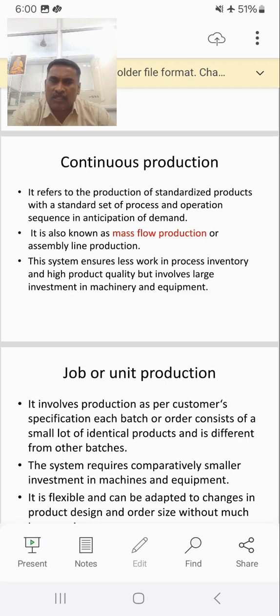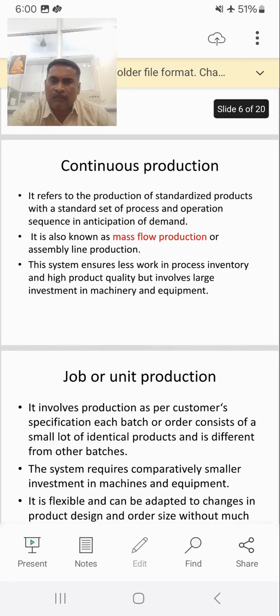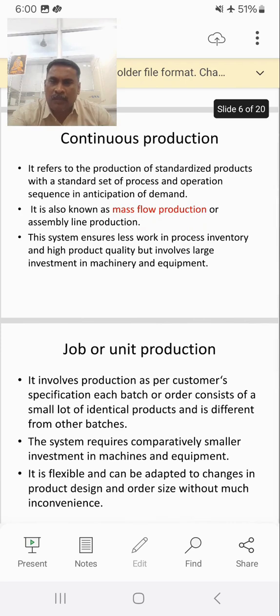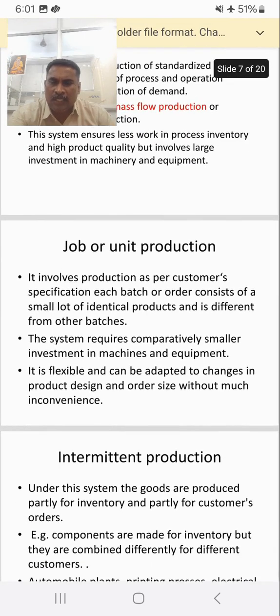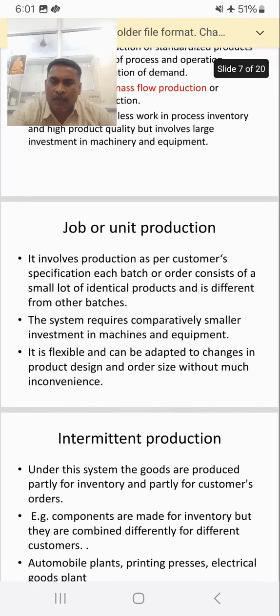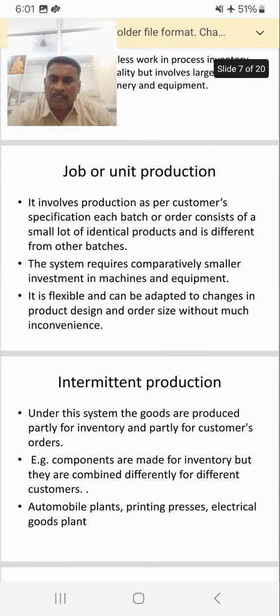Likewise, bolts and nuts, which are always necessary, are manufactured in mass flow production or assembly line production, where the assemblies and layouts will not be changed. Compared with job production, continuous production is very easy for the manufacturing unit, but in job production the layouts, designs and machining setups have to be changed, and the skills of the laborers and supervisors are very much needed.